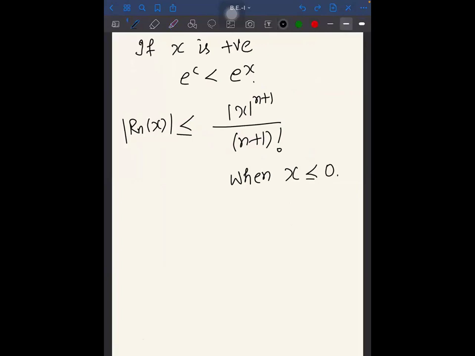When x is positive, just a small exercise, then it would be less than e^x times x^(n+1)/(n+1)!. Why is it so? Can anybody tell me?